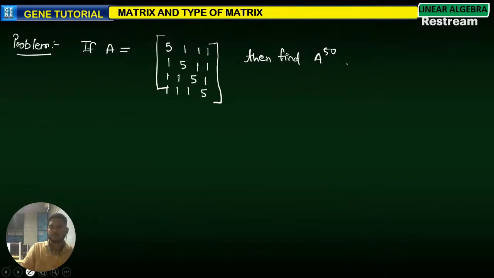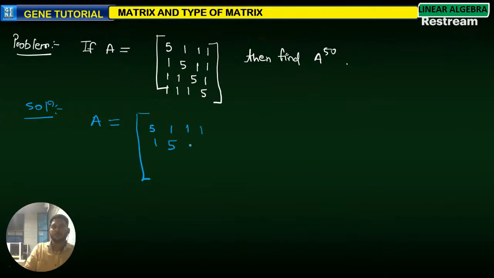Now, the solution for this problem. When you have a matrix A with entries 5 1 1 1, 1 5 1 1, 1 1 5 1, and lastly 1 1 1 5, find A to the power 50.